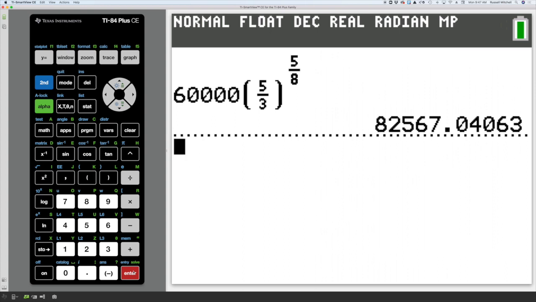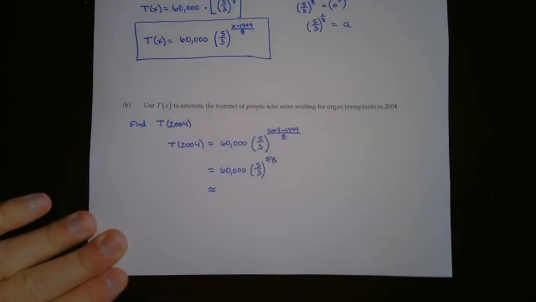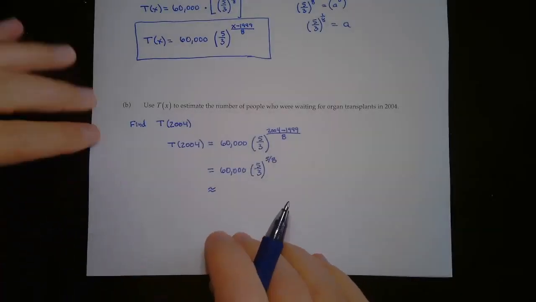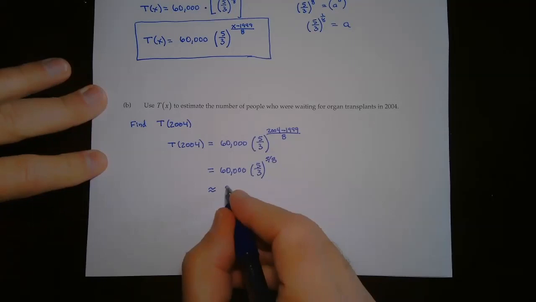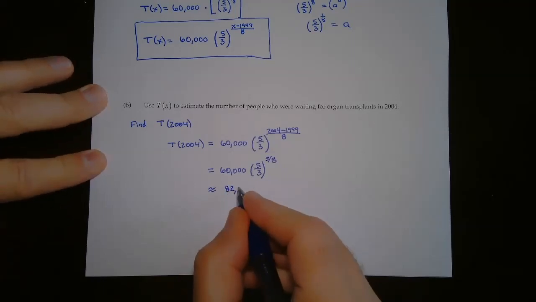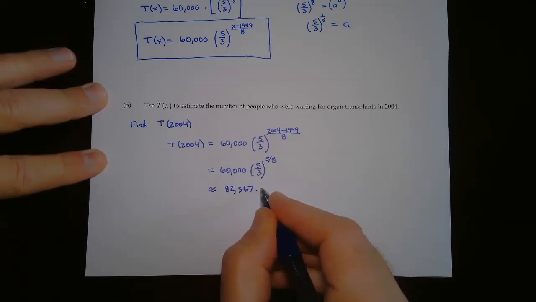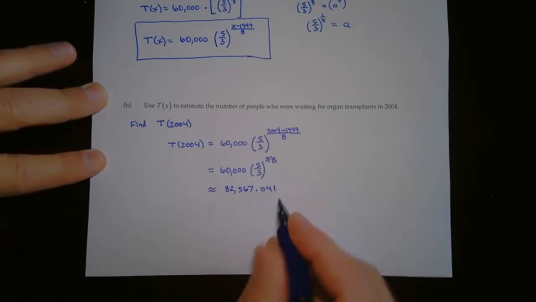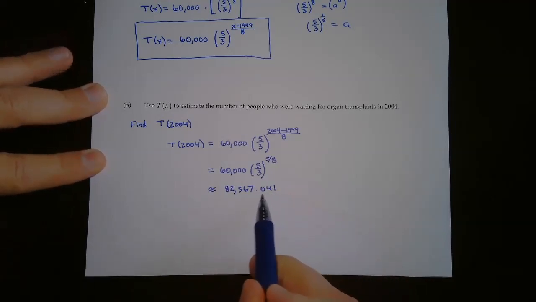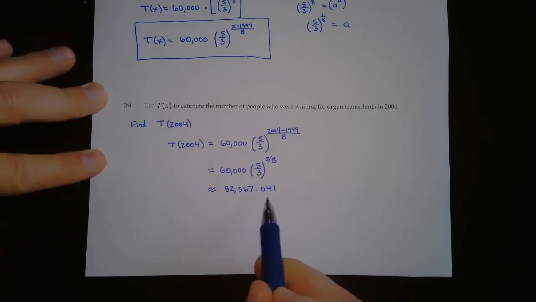I'm going to go back to our paper and write this answer down. From our calculator, we got 82,567.041. Now that's not really a person, that's just a part of a person, so we can't really count it.